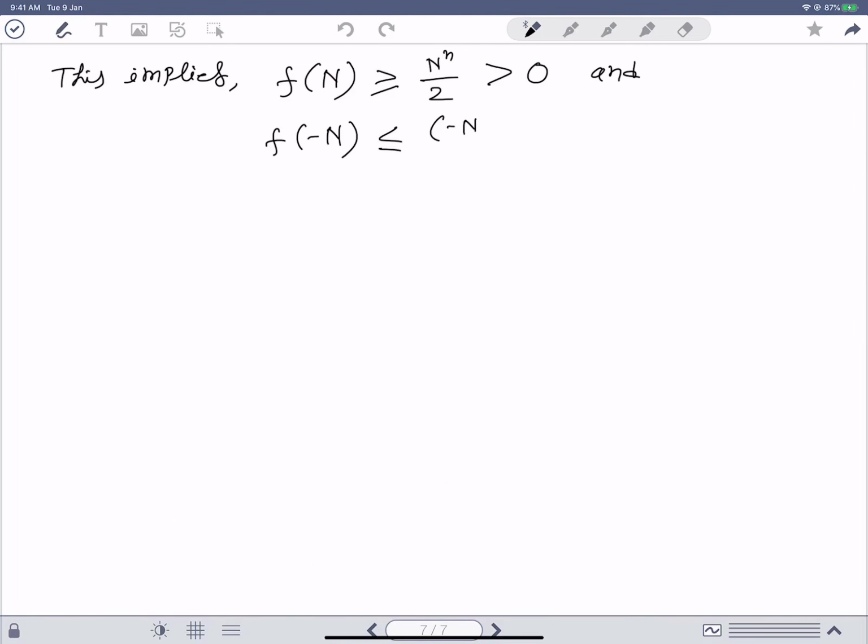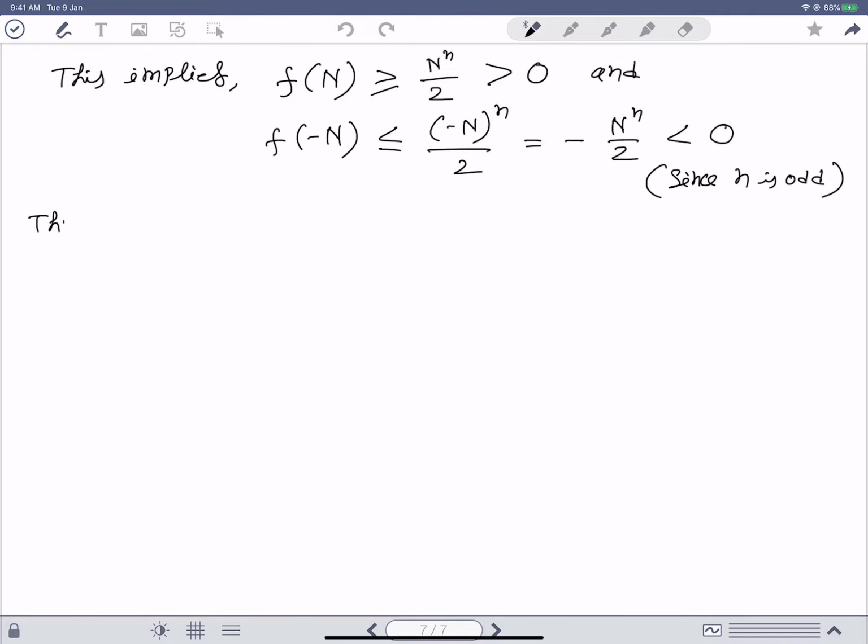So (-N)^n / 2, that is equal to, since n is odd, -N^n / 2, less than 0.